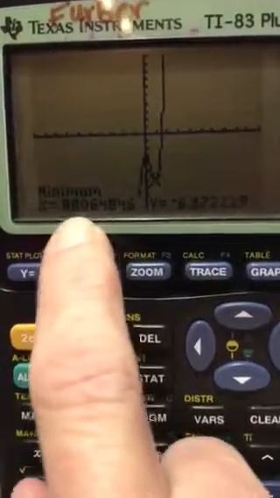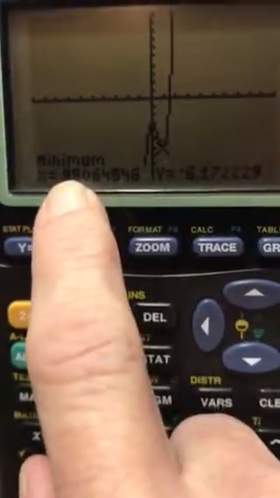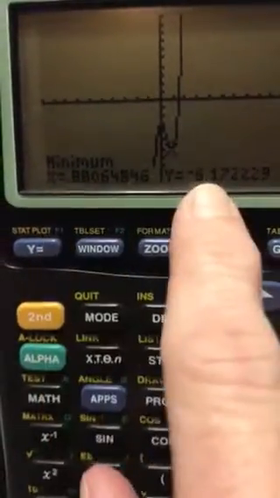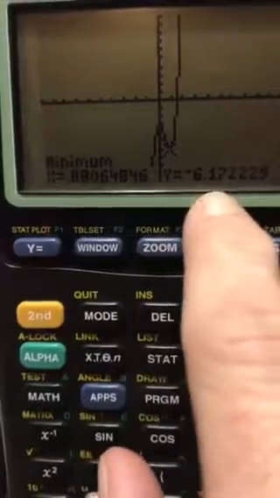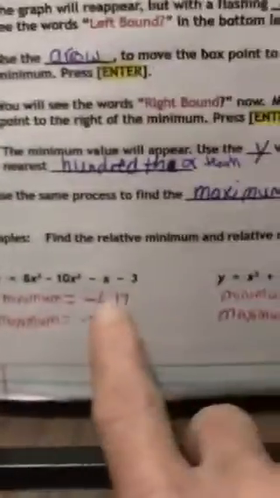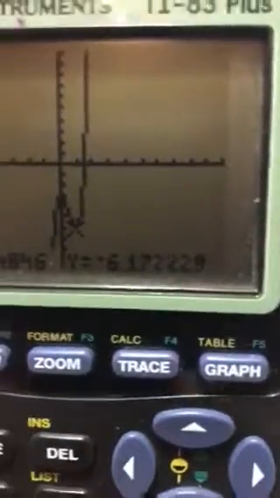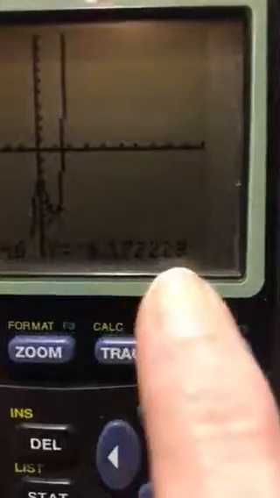The X value is kind of close to 1, you can see that it's almost 1. When that value pops up, the Y value is about 6 down, but we're going to estimate to the nearest tenth or hundredth, and I did it to the nearest hundredth, so negative 6.17, because it says negative 6.172229.